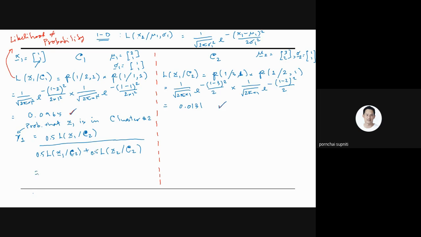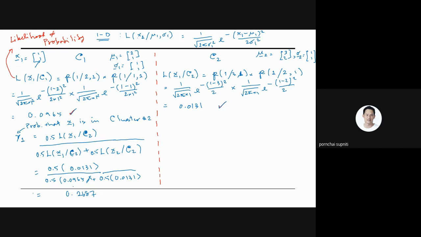So this gamma, if you compute it out, you get 0.5 times, here we refer to cluster 2, 0.0131, divided by 0.5 times 0.0965 plus 0.5 times 0.0131. And if you compute it out, you get something like 0.2687.